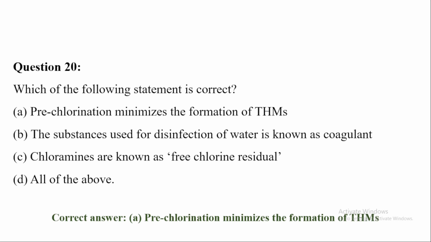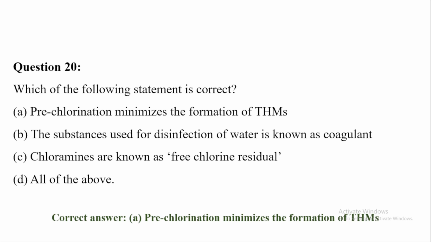What are they called? The substances that are used for disinfection of water are known as disinfectants. Okay. So these are not known as coagulants, these are known as disinfectants. So this statement is incorrect.